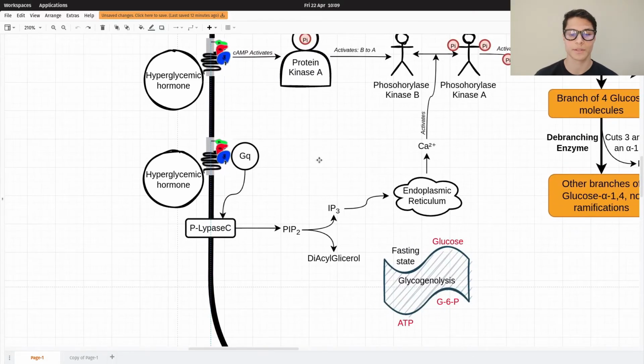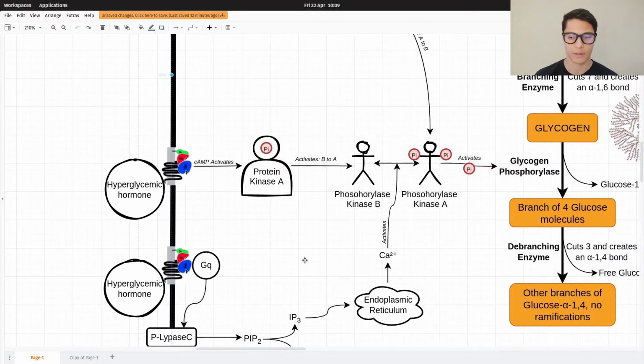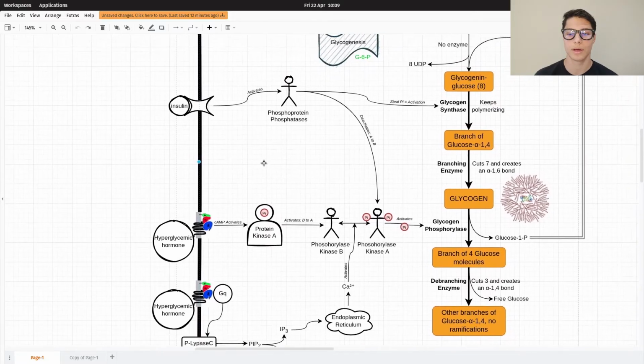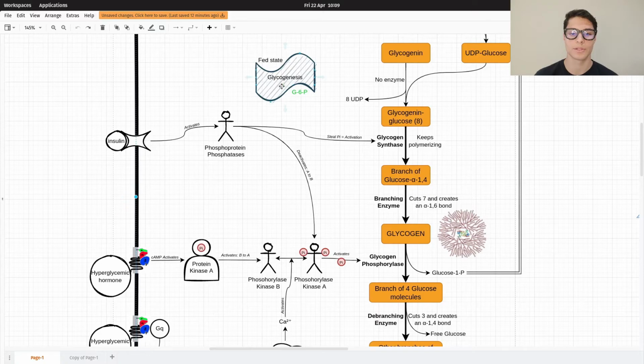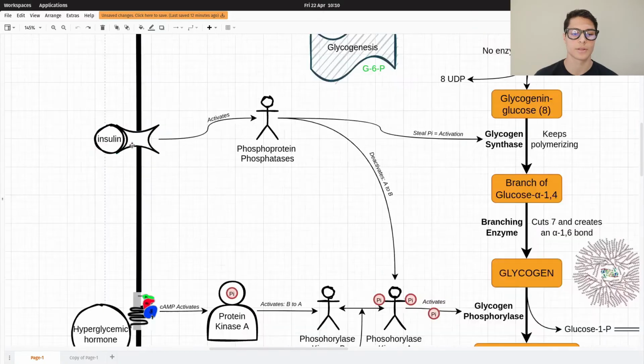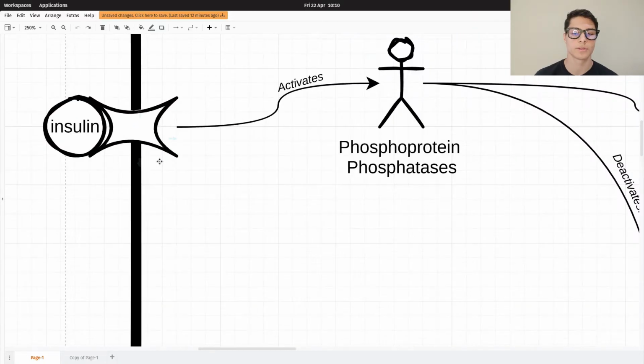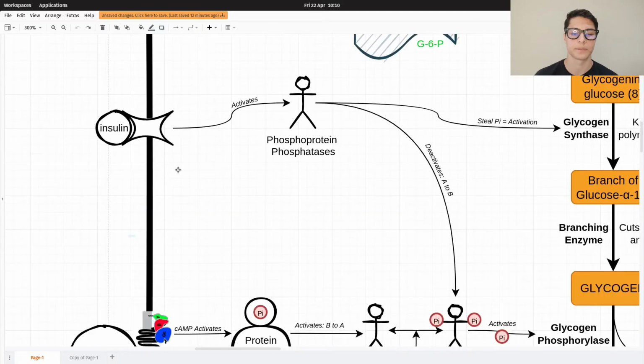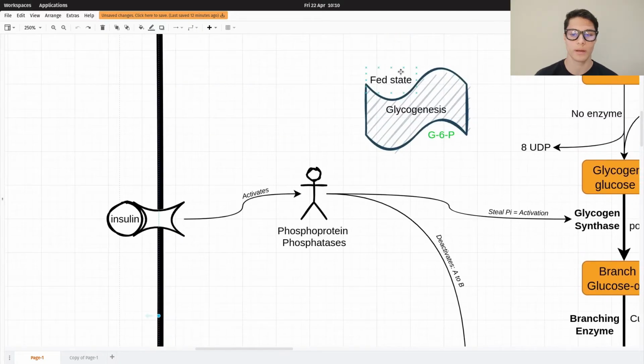certain hormones are activated. So here we're going to look at first the glycogenesis. Glycogenesis, hormonal regulation. So we talked about that this happens when we eat, in the fed state.